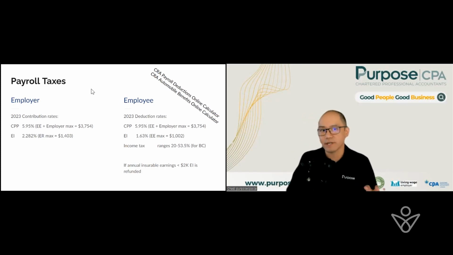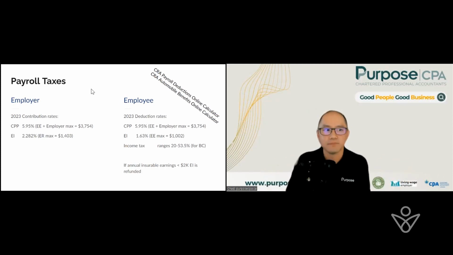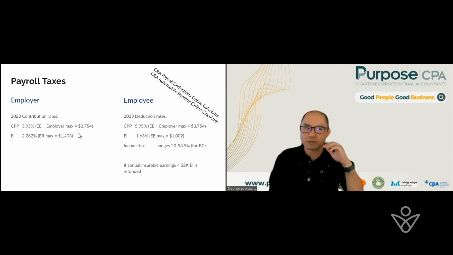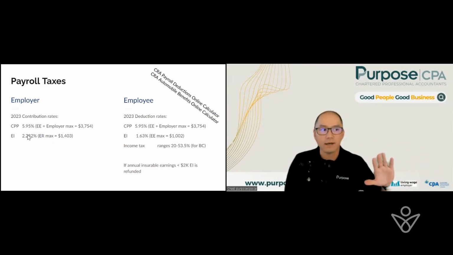I've organized it this way to help people think about payroll taxes on two sides. Payroll taxes as an employer: when you have a staff member, you're paying them wages or salary, and the employer has to contribute these amounts. These are 2023 amounts into CPP, and also for employment insurance, as an employer hiring a staff member.